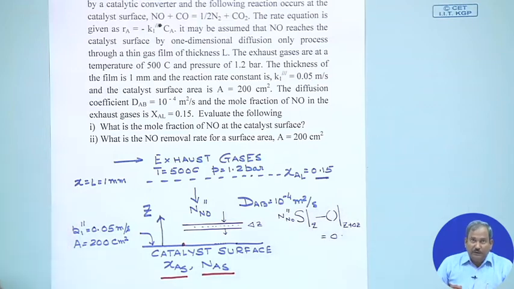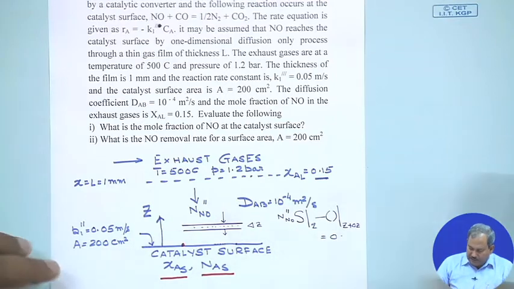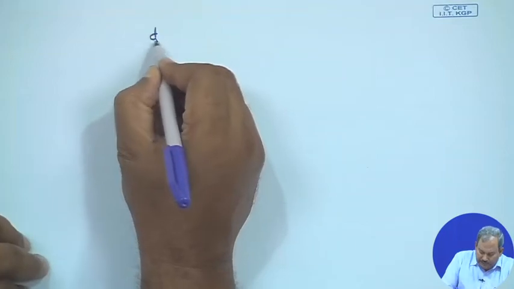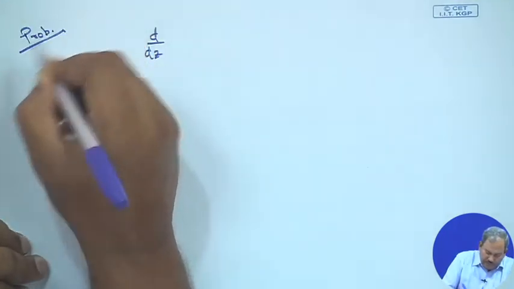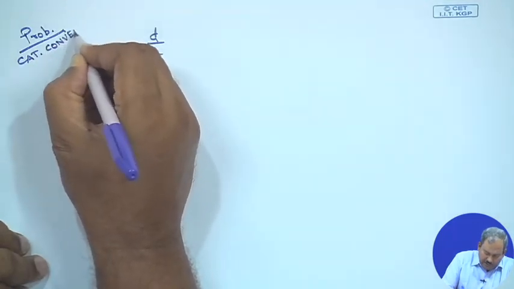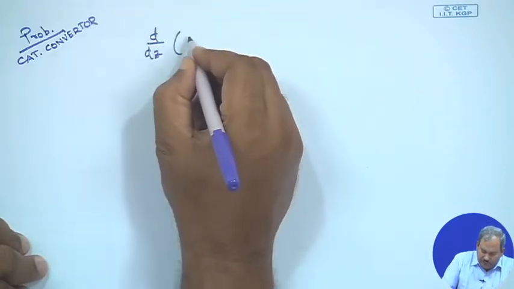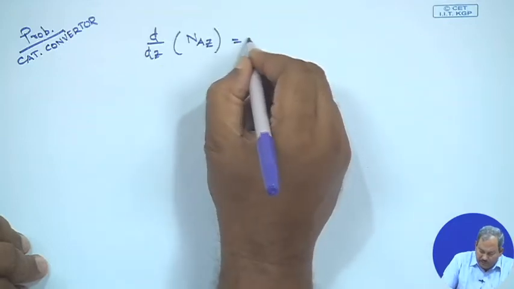So, this would be the governing equation for solution of this problem, and when you divide both sides by delta z, your governing equation would look like d dz. So, this is the problem on catalytic converter. So, d dz of NAz, where A is the reactant, would be 0.